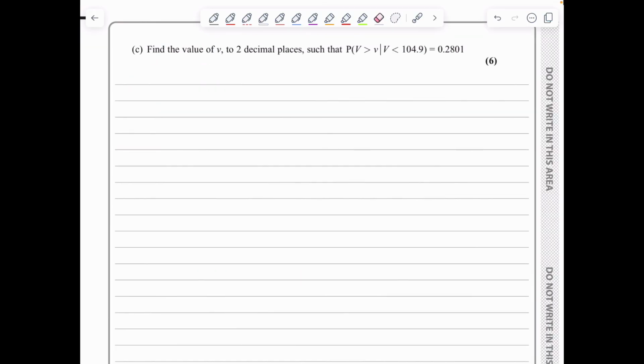In part C, we need to find the value of v to 2 d.p. such that the probability of capital V being greater than v, given that V is less than 104.9, is 0.2801. So as always, I draw my bell-shaped curve here, centered at 100. We already know that we are certainly less than 104.9.